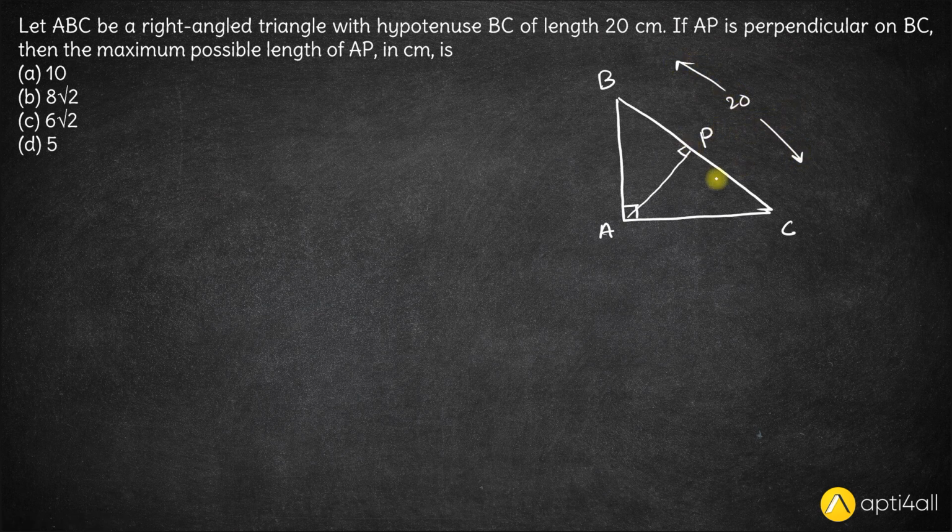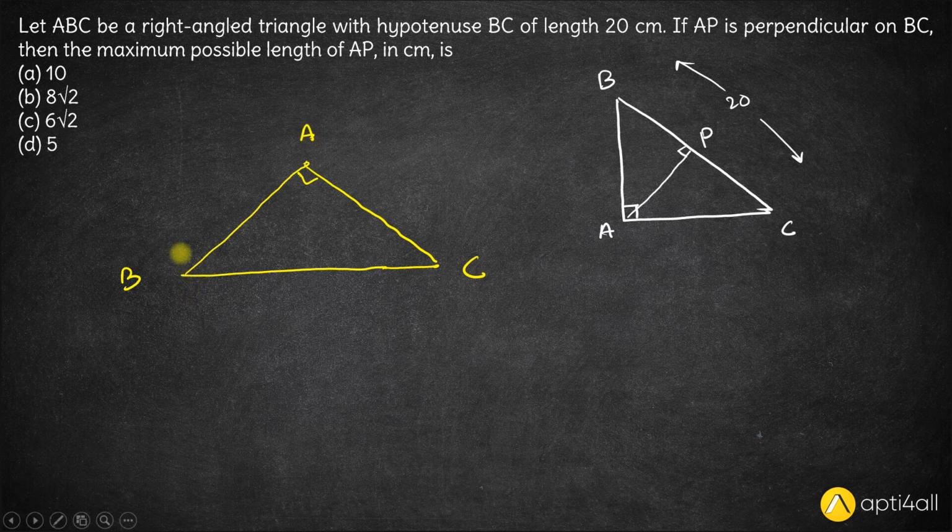Fine. So let me redraw this figure. Let me draw BC as a horizontal line. This is BC and this will be a point, let's say A somewhere here, such that this angle is 90 degree, point A. Now let me do one thing.